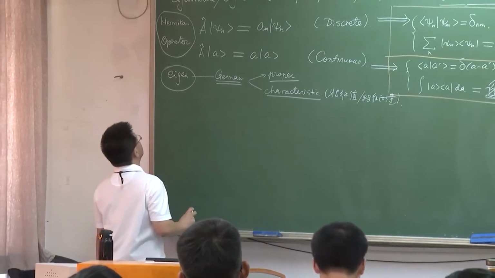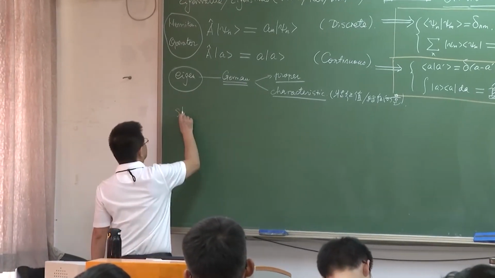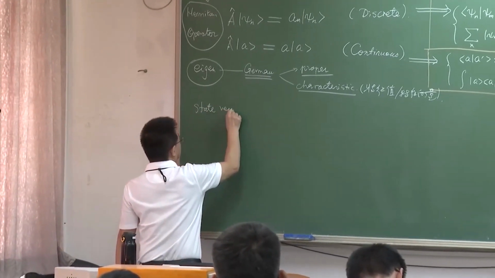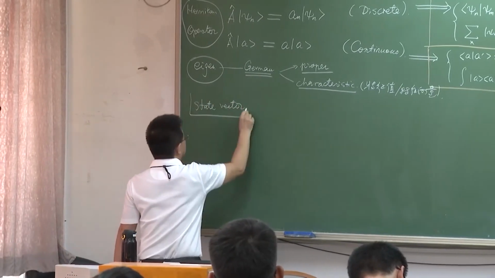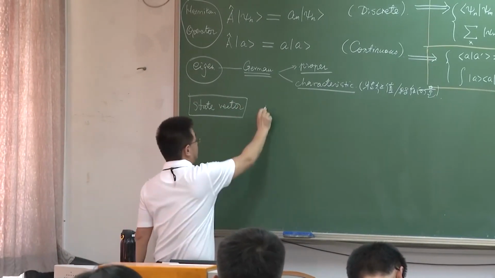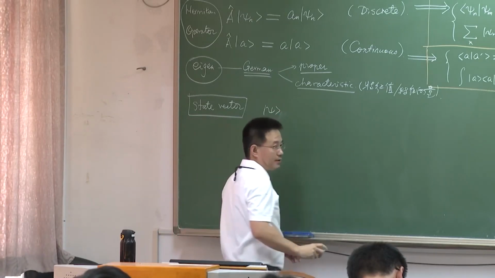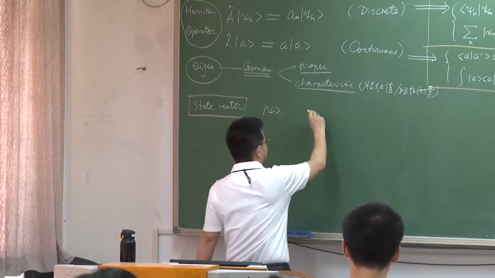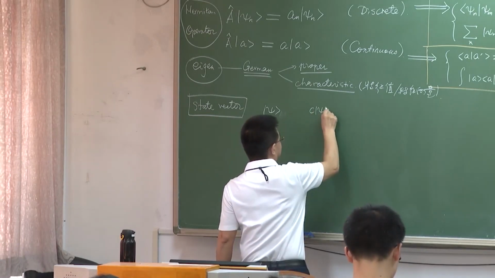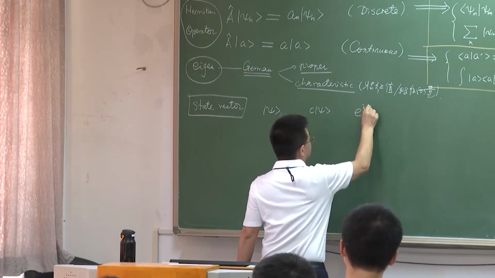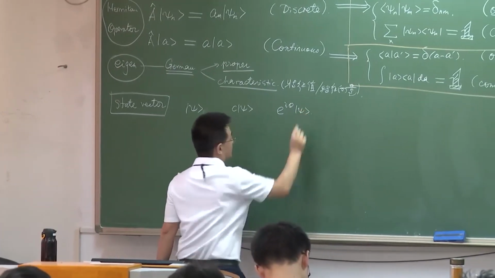And some more things about the state vector. I want to mention one more point about the state vector. For the state vector, psi is a state vector, of course. If you have simply c psi and e^{i theta} psi, what will happen?